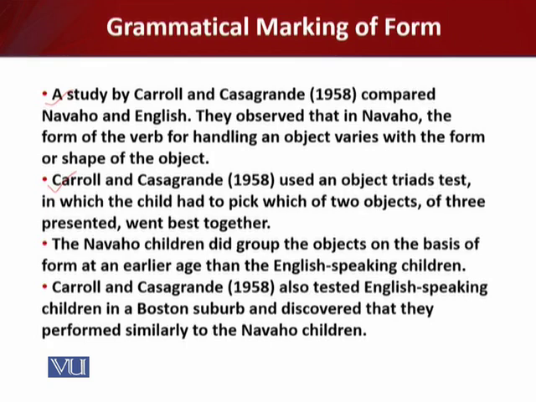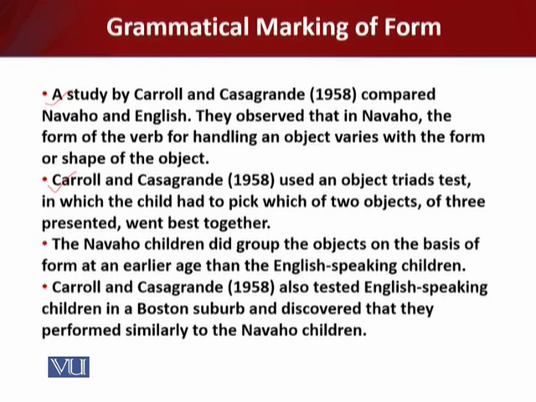Thus, it is possible to determine whether the children were focusing more on color or form. Carroll and Casagrande compared children who spoke Navajo with children who spoke English but came from the same reservation and lived in similar circumstances. The interesting result was that Navajo children did group the objects on the basis of form at an earlier age than the English-speaking children.